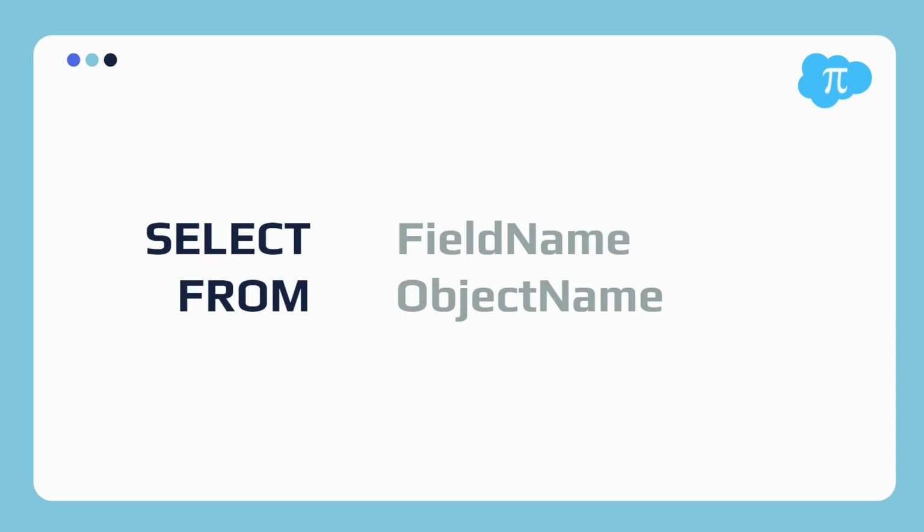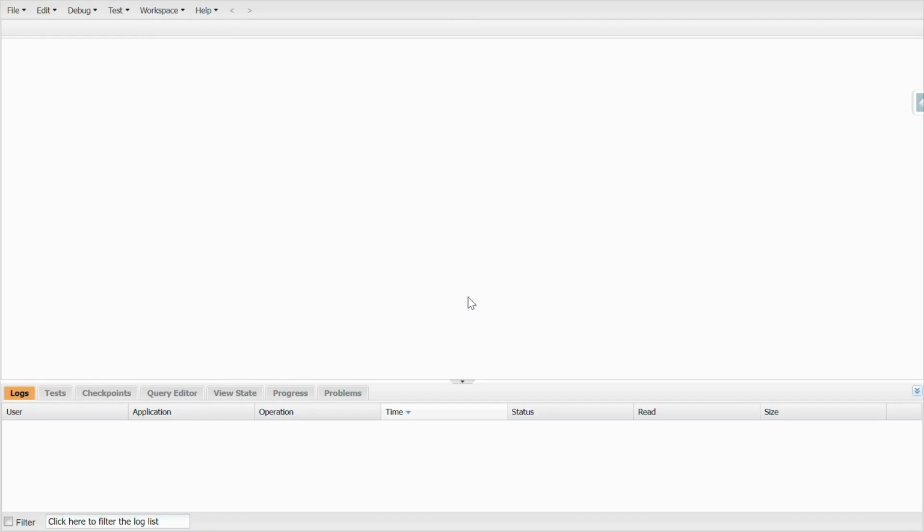Now we will see how we can query the data in Salesforce. I will show you writing a query for the standard and custom object in the developer console itself. You all must be aware of the developer console. Here you can see the query editor tab.